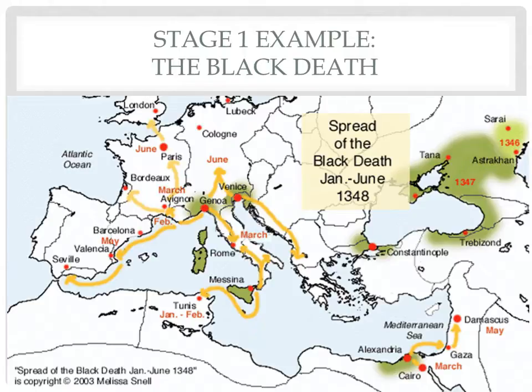Half of an entire region's population was dead, and within a relatively small period of time, 5 years. I mean, this was something that was devastating. And to be clear, it wasn't just something that we saw in Europe. 13 million people in China were killed as a result of the Black Death, the bubonic plague.